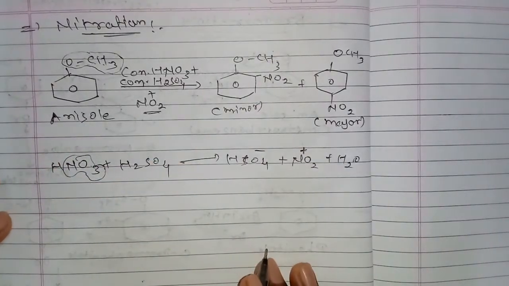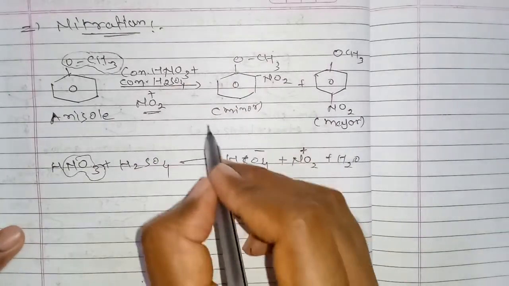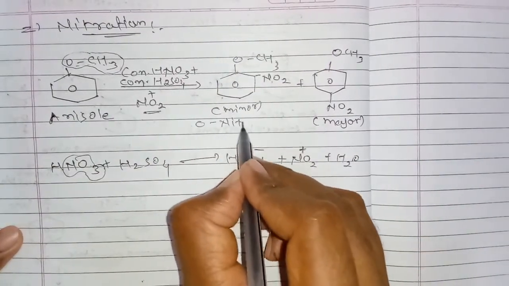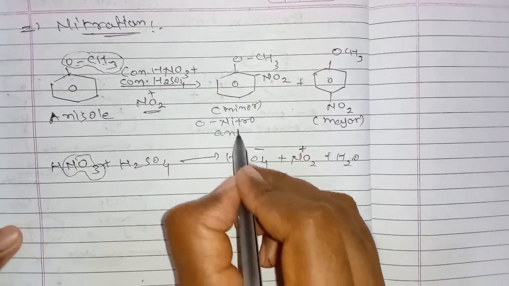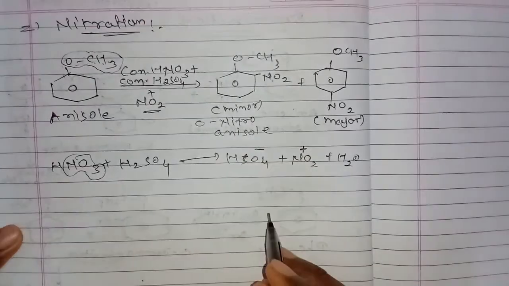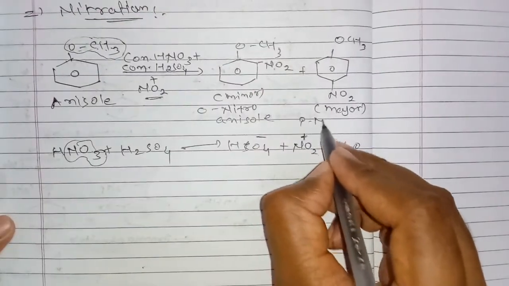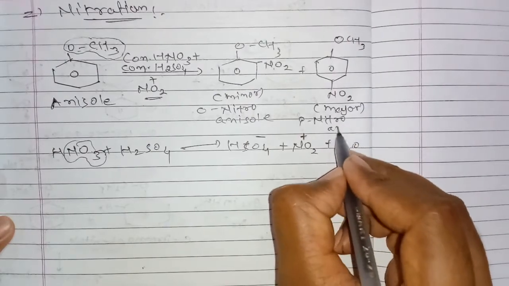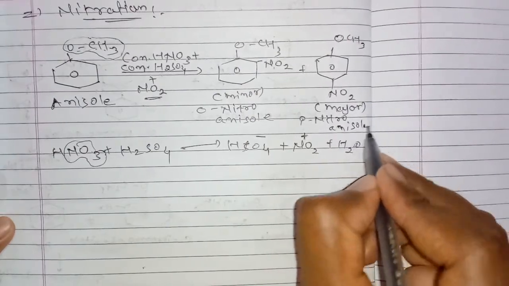So it is called orthonitro anisole, and it is called paranitro anisole.